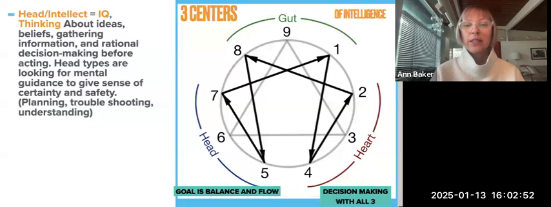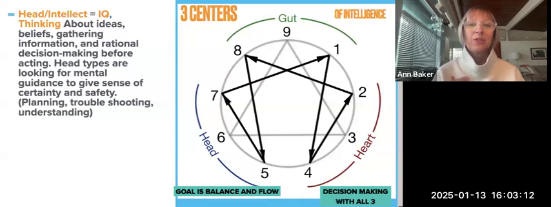You'll see on this graphic that the different Enneagram types are organized based on the centers. And so we're going to talk about what that means. Each of the types within the center has something in common.